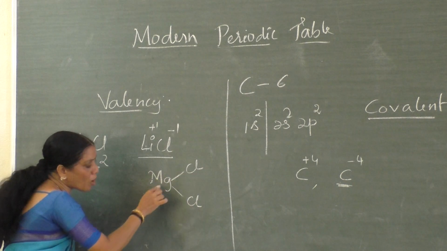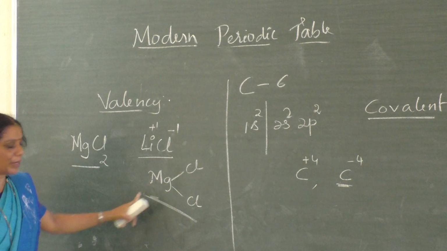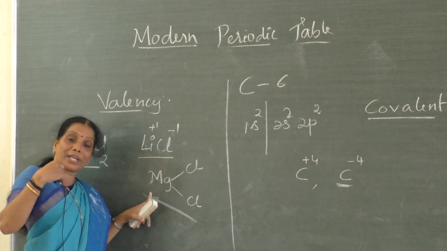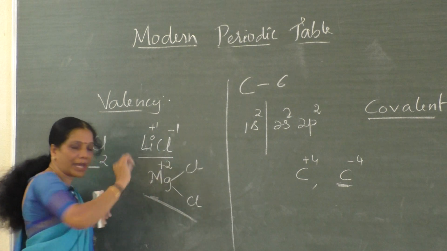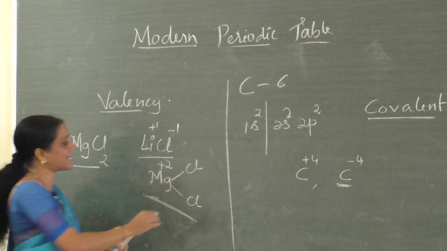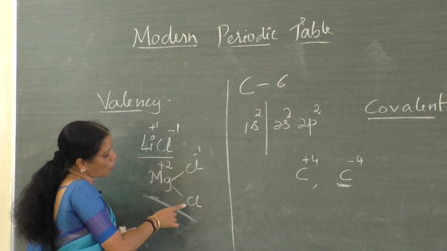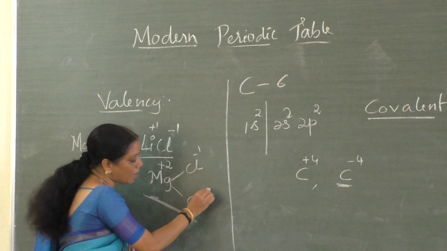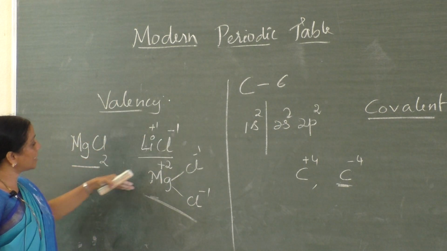Is it a covalent compound? No, this is completely what? Ionic compound, because Mg donates 2 electrons, loses 2 electrons, and exists in the form of Mg+2. 1 electron is donated to this 1 chlorine atom, resulting in the formation of Cl-1. Another electron is donated to this chlorine atom, resulting in the formation of what? Cl-1.